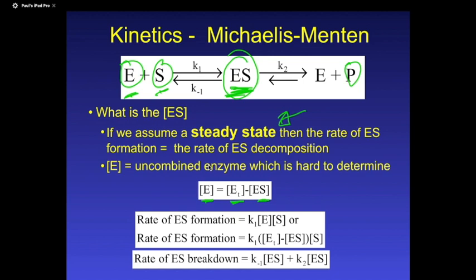Okay, so the free plus the enzyme substrate equals the total. All right, and then we had several equations for the formation and for the breakdown of ES. We could set these equal because of our assumption, the steady state. The rate of breakdown and the rate of formation are equal.